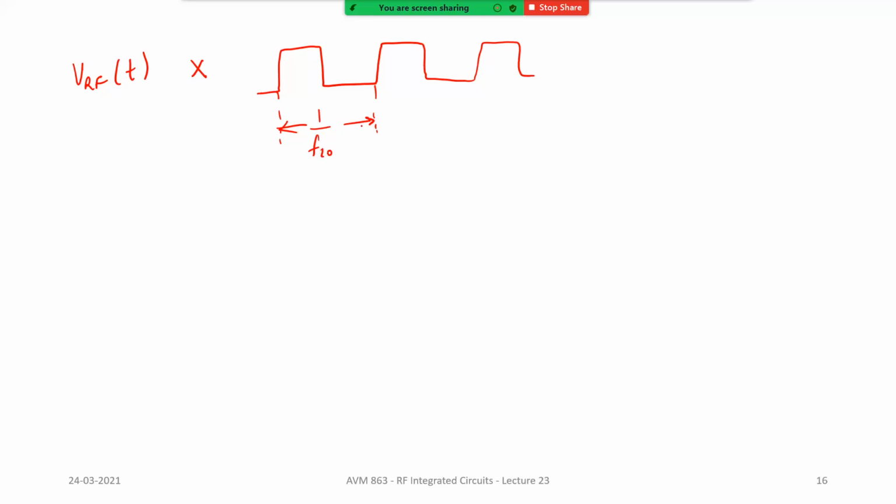Now, let's say VRF has a spectrum like this centered around omega RF. What will be the spectrum of this square wave signal at LO? What will be the spectrum of this signal?